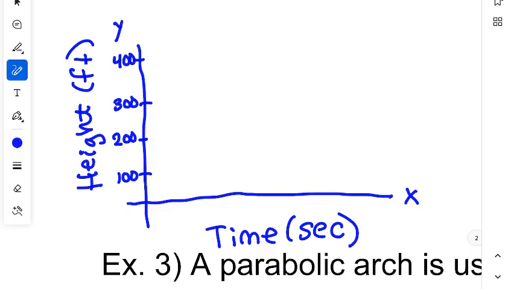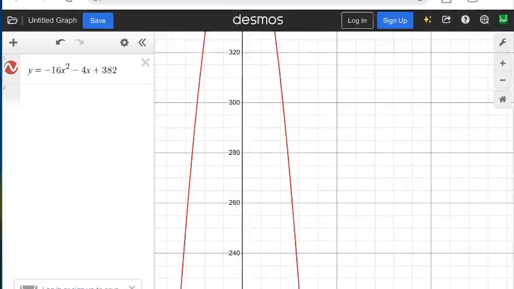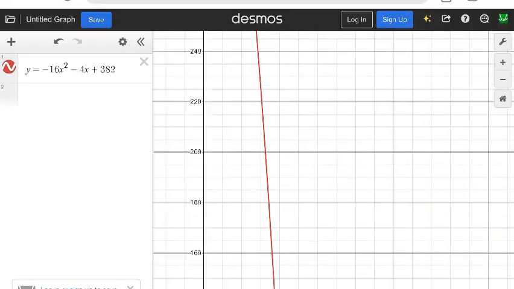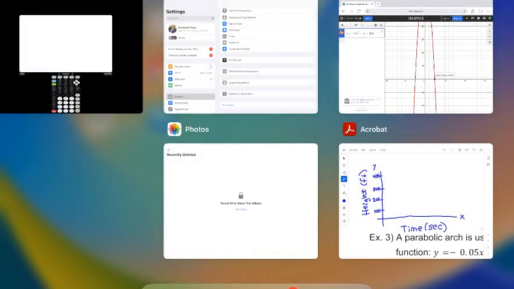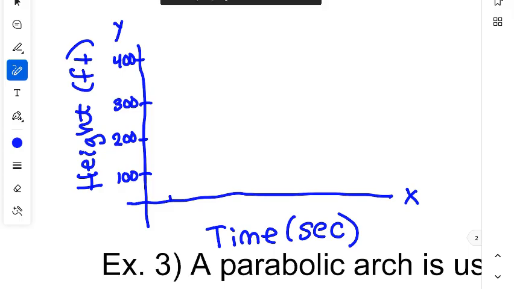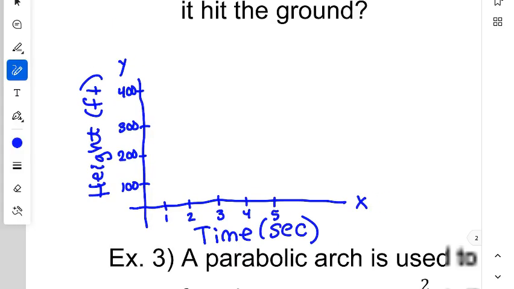And then how long does it take to drop to a height of 0? What was the x-axis at? Yeah, almost 5. So we should go by ones: 1, 2, 3, 4, 5.